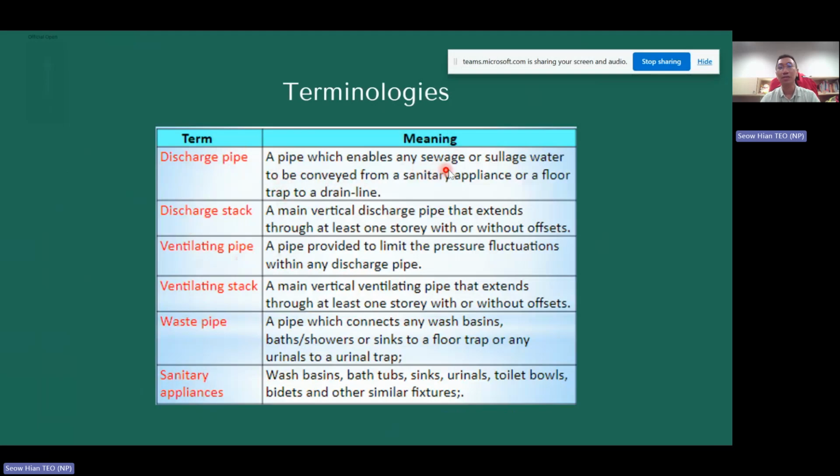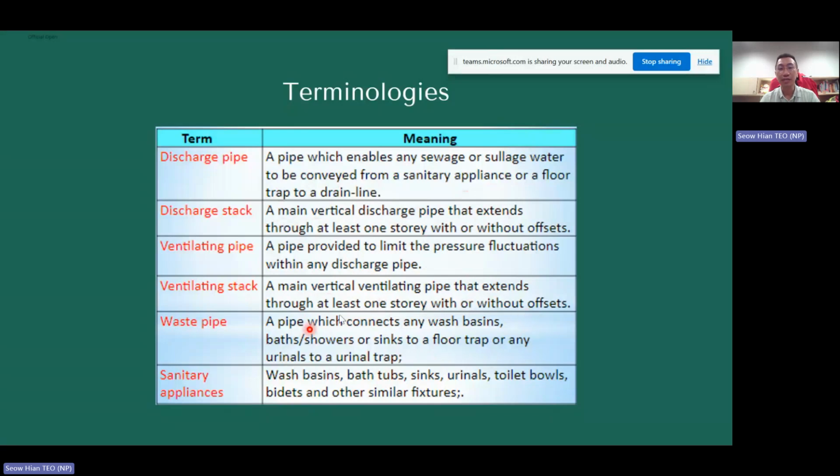So a pipe that enables sewage or water to be conveyed from sanitary appliances on the floor, a vertical pipe that extends through the storey with or without offset, and a pipe provided to limit pressure fluctuation without any discharge. So it's also a main ventilation pipe that extends through at least one storey, with or without offset.